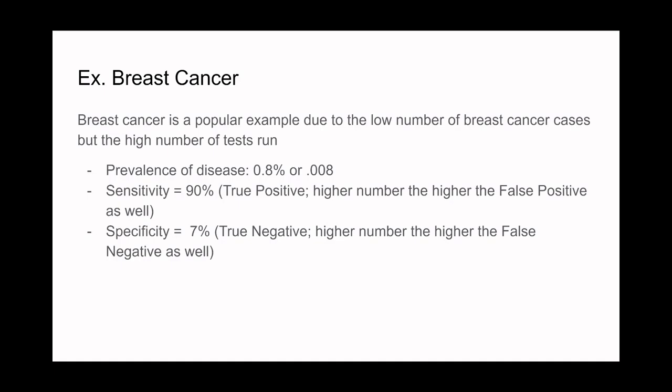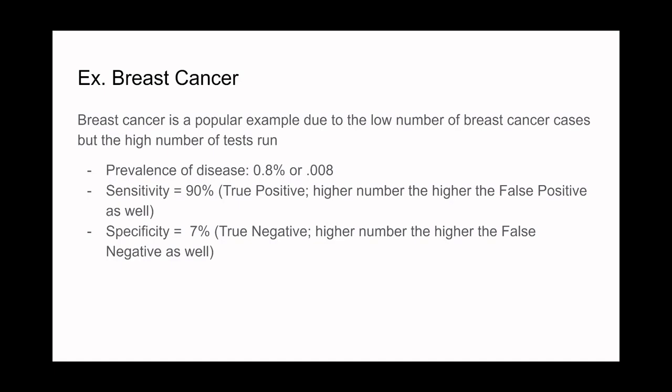The higher this number is, the higher the false positive rate is, which means that you're basically leaning the test to give you more positives. You want to make sure you don't miss someone who happens to have the disease and you tell them that they don't. So that's often a good thing. You're oftentimes going to catch more people who truly have it, but you're also going to scare people who don't because they're going to get a false positive.